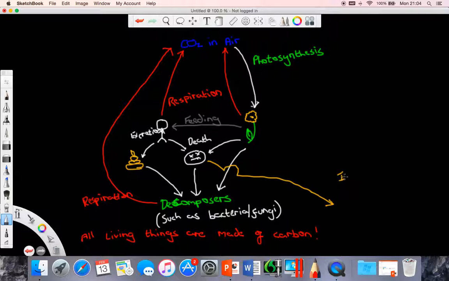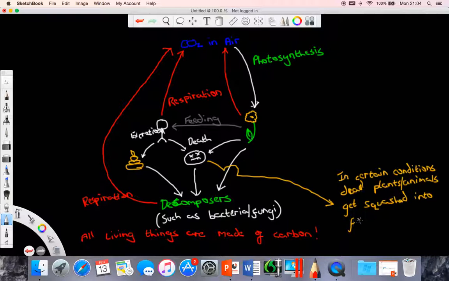So we can say in certain conditions, dead plants and animals get squashed into fossil fuels.